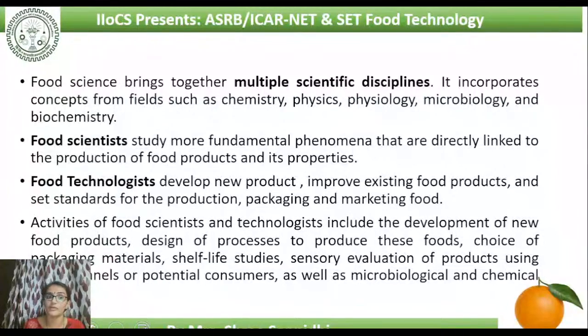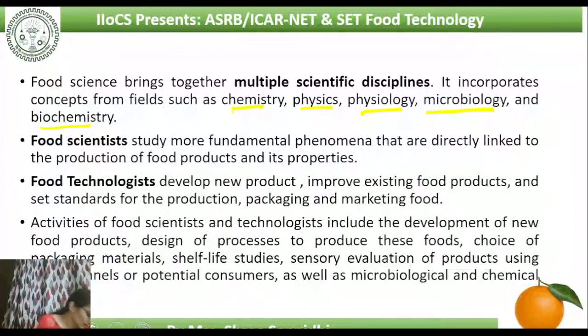So it incorporates concepts from fields such as chemistry, physics, physiology, microbiology and biochemistry and so on. You have engineering and other subjects too. Basically all these concepts we are using to gain deeper knowledge about the food. So who does all this, who studies all this knowledge?